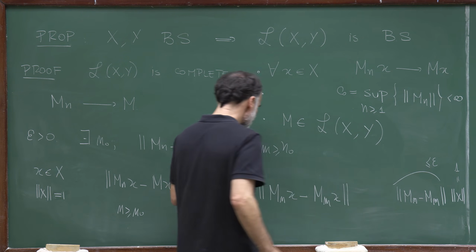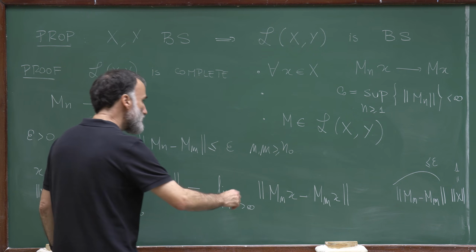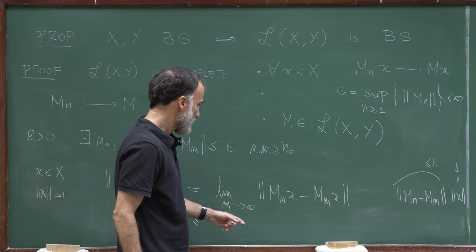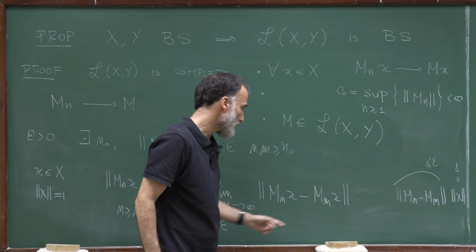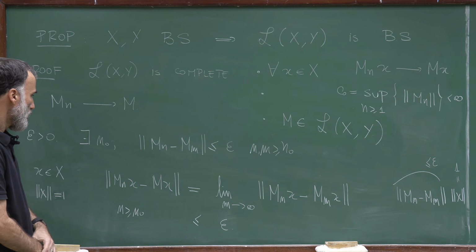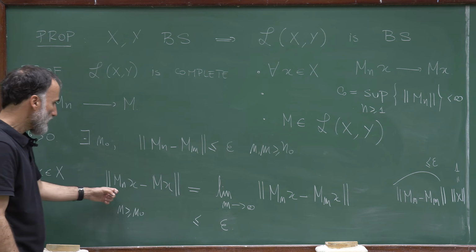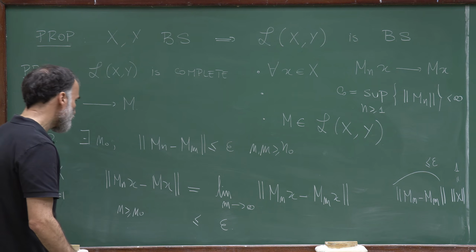So what I know is that if I take n larger than N0, this limit is bounded by epsilon, because for all m larger than N0, this is bounded by epsilon, and therefore the limit is also bounded by epsilon. So we just proved that for any x whose norm is equal to 1, Mnx minus Mx is bounded by epsilon.